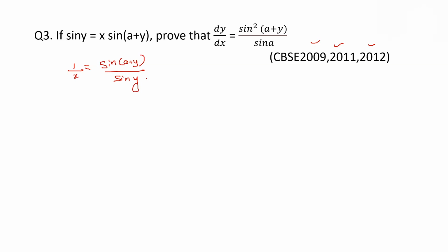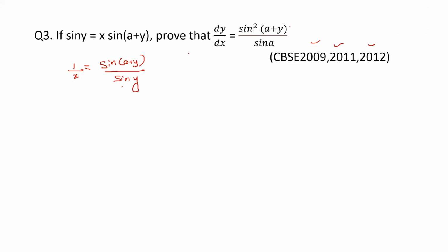Then we can start differentiating it. Okay, very good. So we will apply the quotient rule, and in the denominator we have sine y, so definitely we will get sine square y. But Zed, if we analyze this one, then we have a square on a plus y.